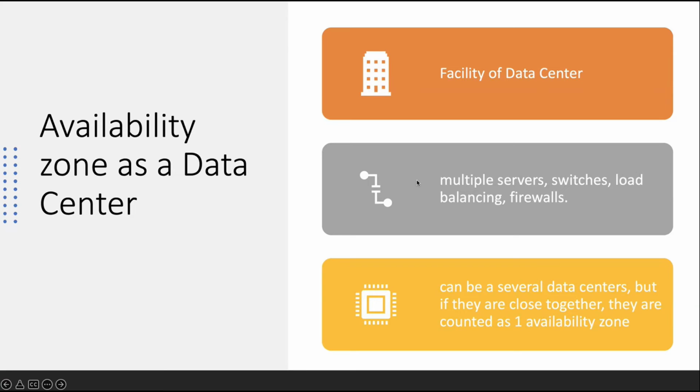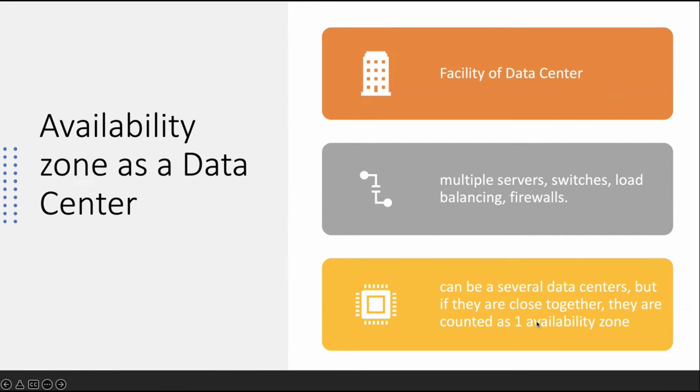Now, very briefly, availability zone as a data center. What is an availability zone? It's a facility where multiple servers, switches, load balancers, and firewalls are kept. Now, some people get confused whether an availability zone means only one data center. No. An availability zone can be several data centers, but they need to be close to each other. When they are close to each other, they are counted as one availability zone.